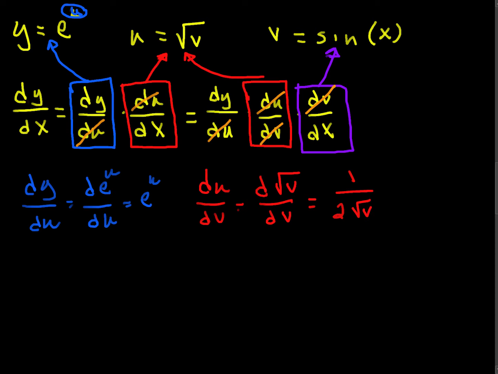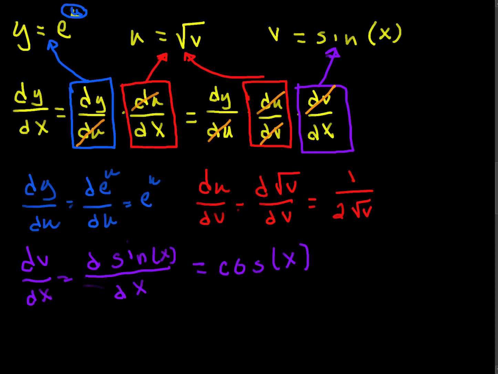And finally, what is dv dx? dv dx is the differential of sine of x dx, and the derivative of sine is cosine of x.